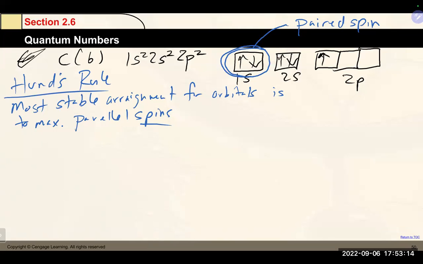Since our notation is usually up, the next electron should go in the next orbital in the upward direction to maximize the parallel spin. So basically, when you have multiple orbitals in a subshell, you go up, up, up until you get to the end, and then you go back and start pairing everybody off. That will maximize your parallel spin and is the correct way to do it. Any questions on that there?